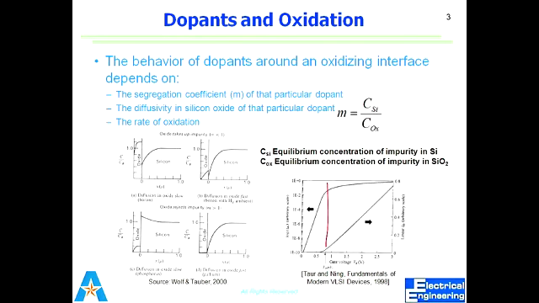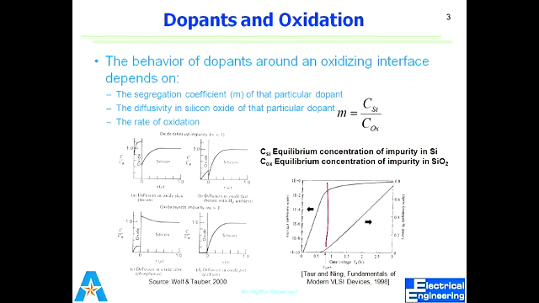So how does that cause redistribution? If M is less than 1, what does that mean? If the segregation coefficient for a dopant like boron is less than 1, that dopant or impurity should be more in oxide as compared to in silicon. That's why M less than 1 means the denominator is higher as compared to the numerator.